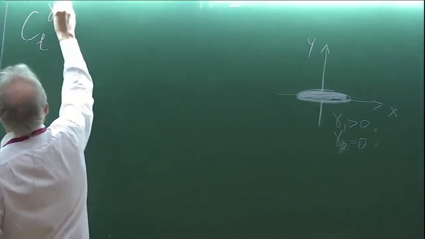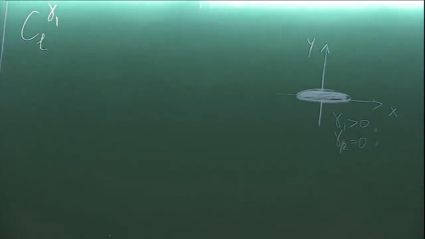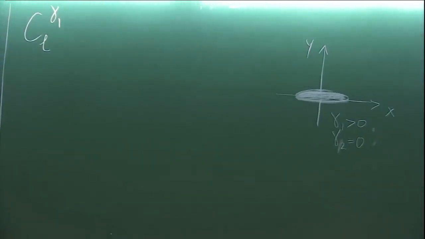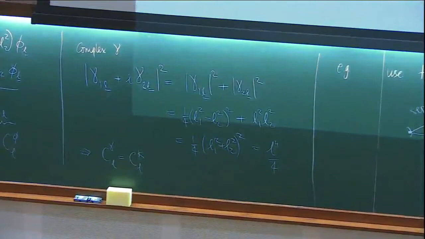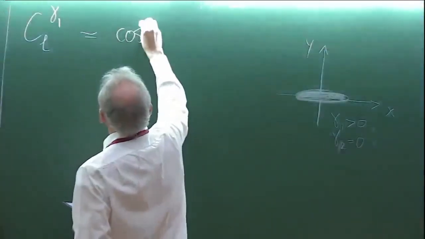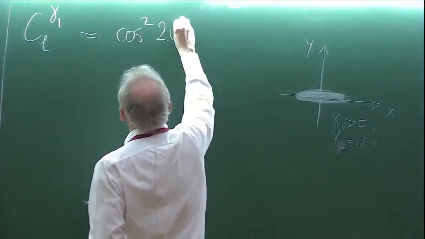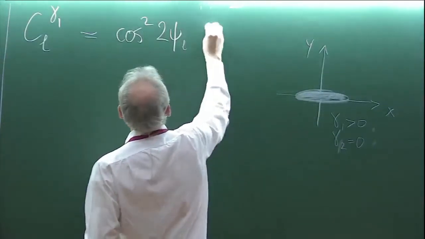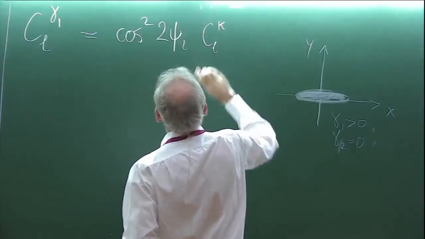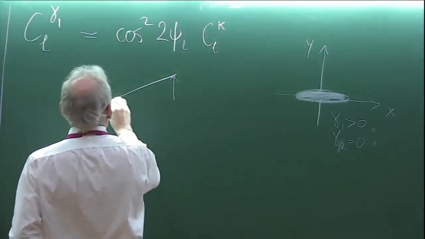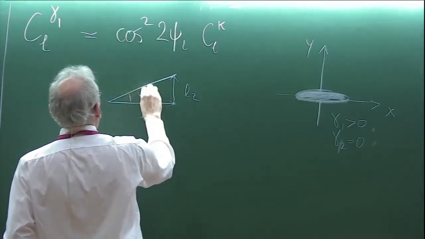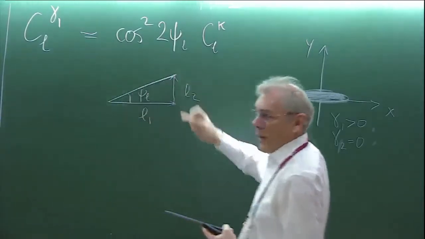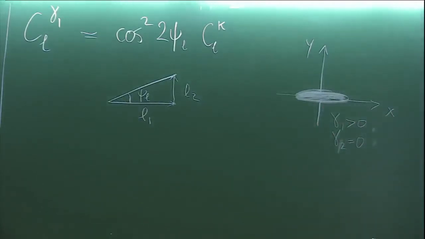If you do a very similar calculation to the one I did here, but instead of looking at the complex gamma you just look at gamma 1, then you find that the power spectrum for gamma 1 is cos squared of 2 psi_L times the convergence power spectrum, where psi_L is the angle of the wave vector to the x-axis.